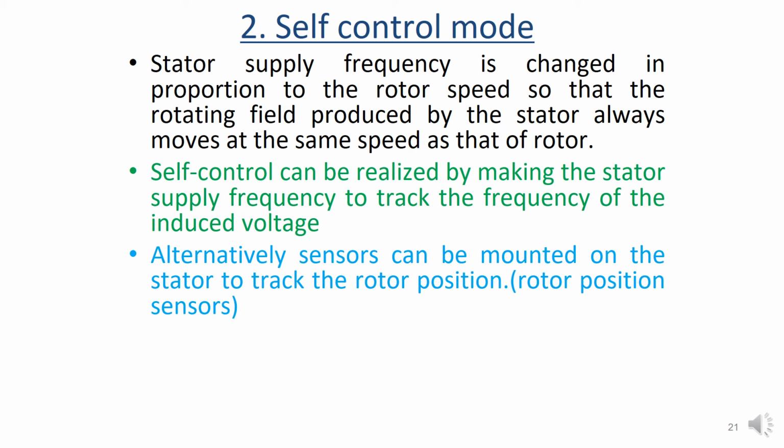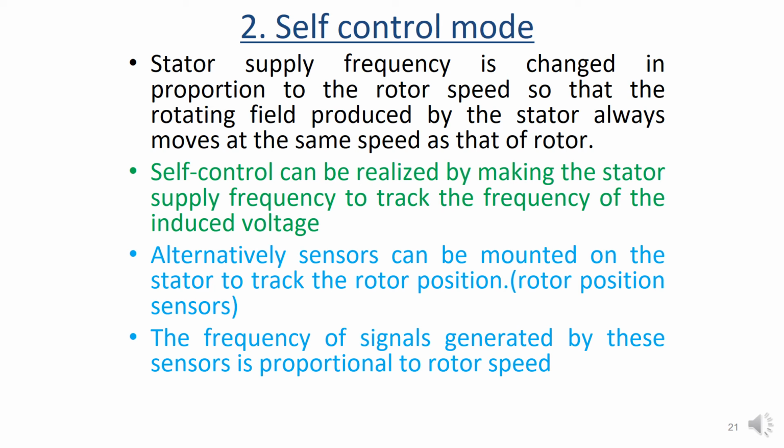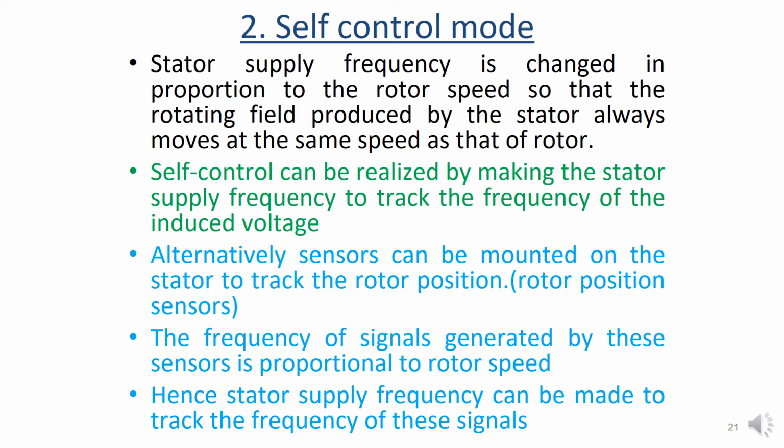Or we can go for another method, that is sensors can be mounted on the stator to track the rotor position, or we can say rotor position sensors can be used. The frequency of signals generated by these sensors is proportional to the rotor speed. Hence, the stator supply frequency can be made to track the frequency of these signals.